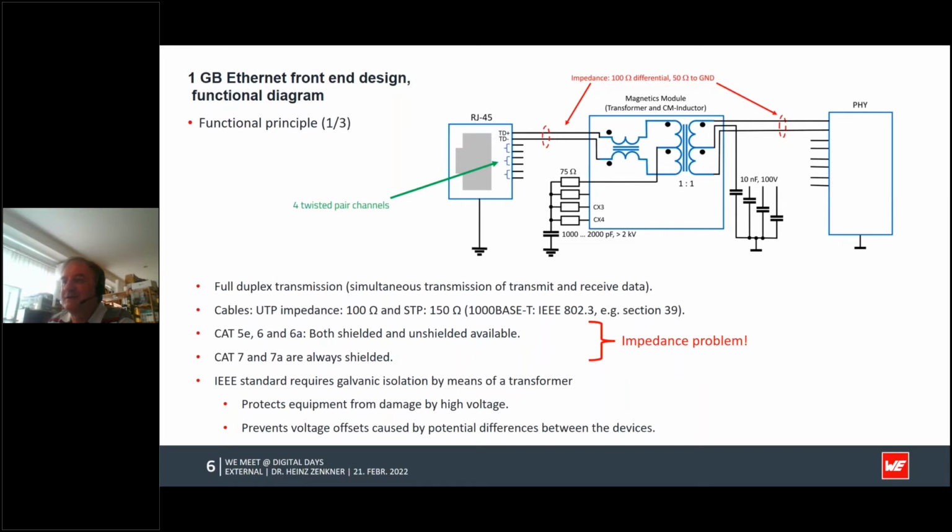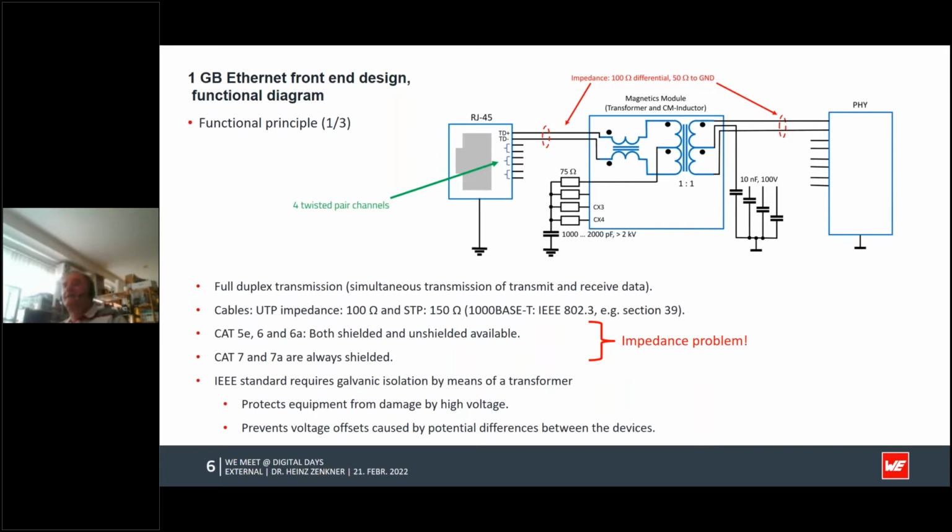the category 5E, 6 and 6A cables, the 6 and 6A of which can actually be used for the gigabit transmission, are available in a shielded and unshielded type. So depending on which shop you go to or what you buy, you can have one or the other impedance, 100 ohms or 150 ohms.